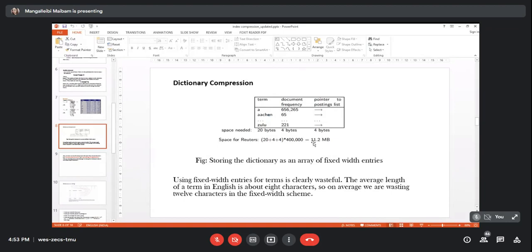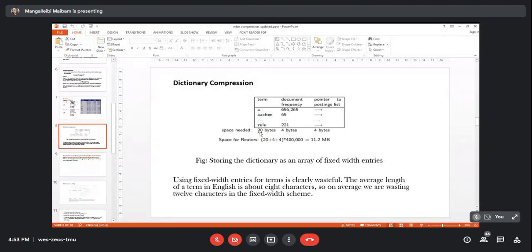So for a 4 lakh term vocabulary, 11.2 MB, we consider that it occupies more storage. Also, we are simply investing 20 bytes for every term. Suppose the word A. A is only 1 byte, right?